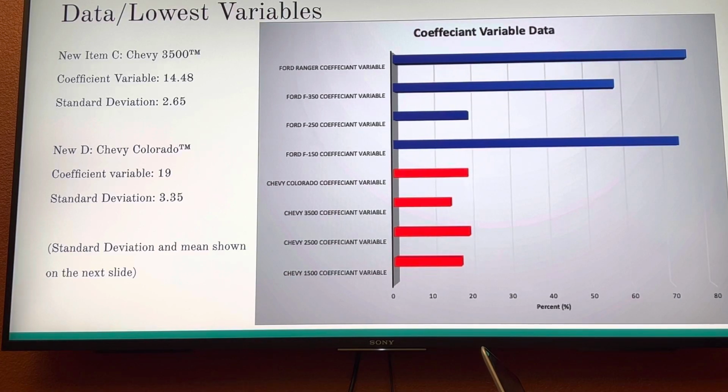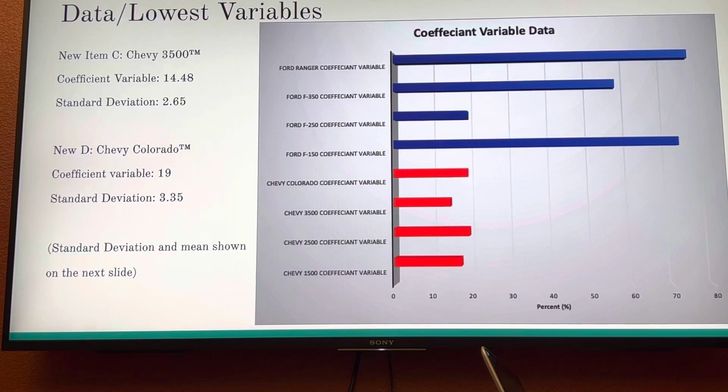These ones were the easiest choice because, like we said in the previous slide, the lower the coefficient of variation and standard deviation, the better. It's proven to be the most commonly sold out of all 8 trucks, and also the one that's been most reliable, with the least amount of documented returns to the dealership for service work.